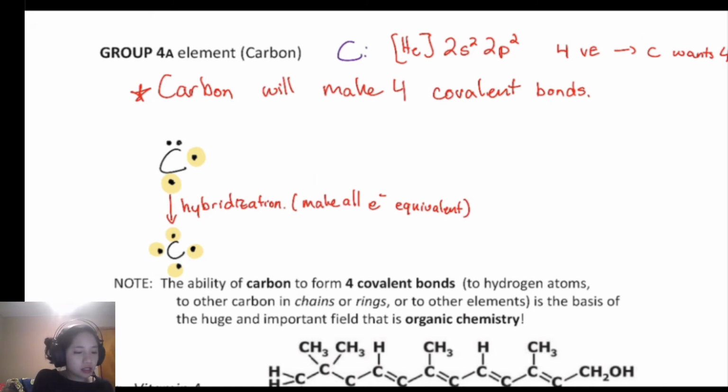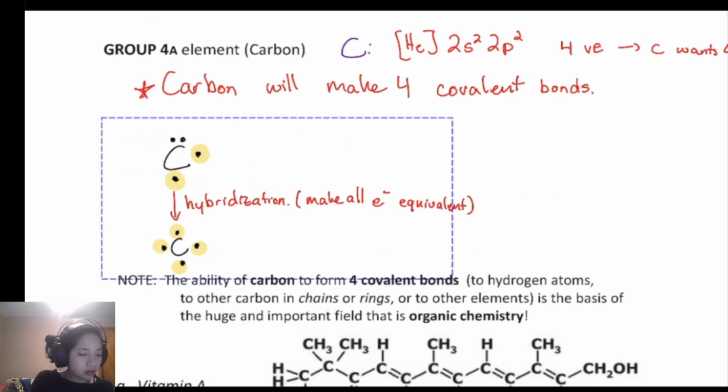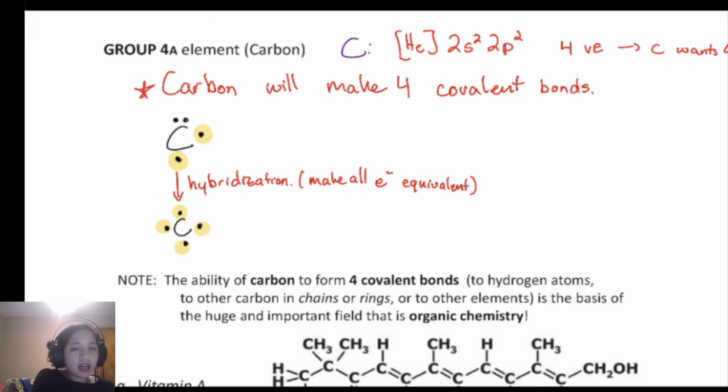So if we take our hybridized carbon and add four H's, we'll place an H on each of these locations where there's a lonely electron.